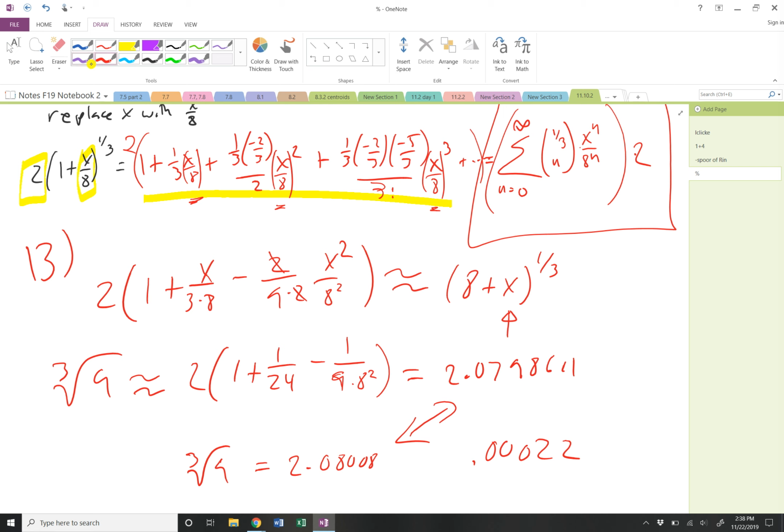Yeah, so the 2 is right. Here's the 2. So that's just carried down.